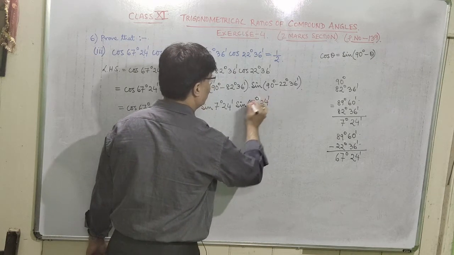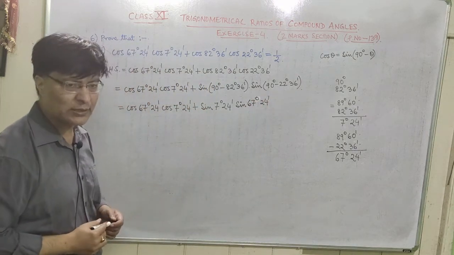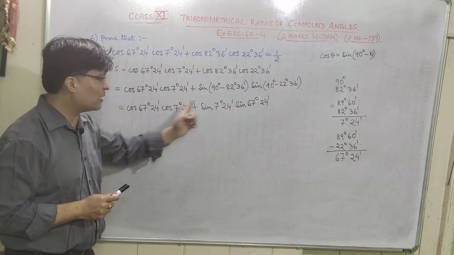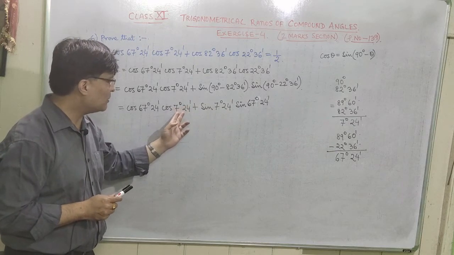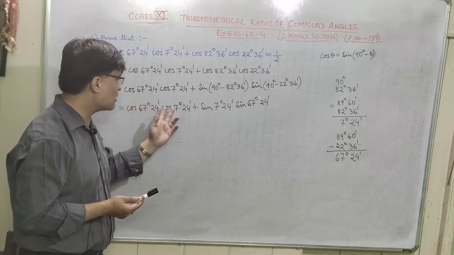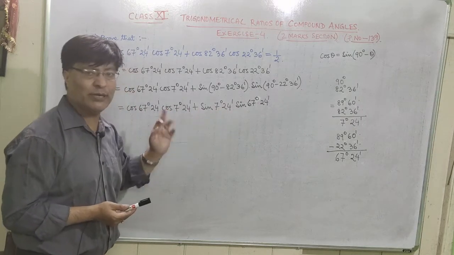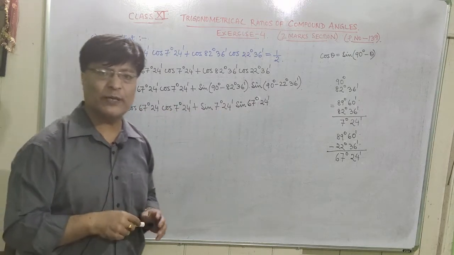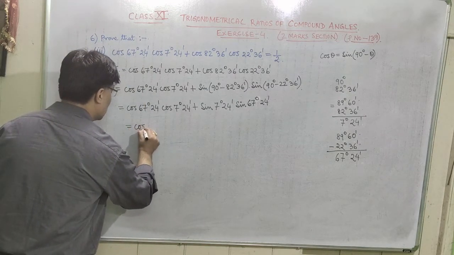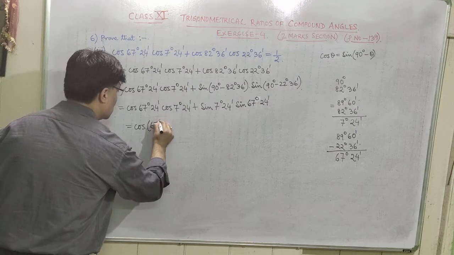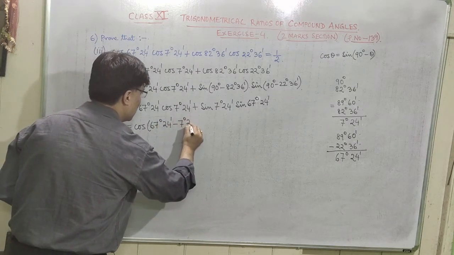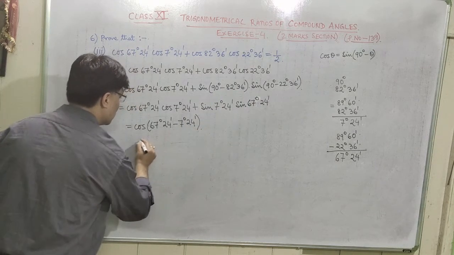Is that clear now? So I think you have understood it. So now this is the formula. 67 degree 24 minutes can be taken as A, and this 7 degree 24 minutes can be taken as B. So this is cos A cos B plus sin A sin B. What is the formula? Cos A cos B plus sin A sin B is equal to cos of A minus B. So which is equal to cos of 67 degree 24 minutes minus 7 degree 24 minutes.